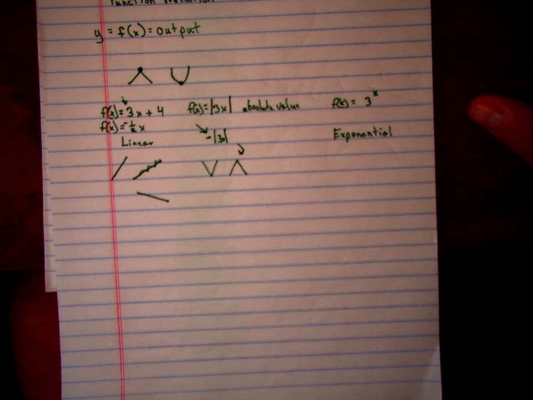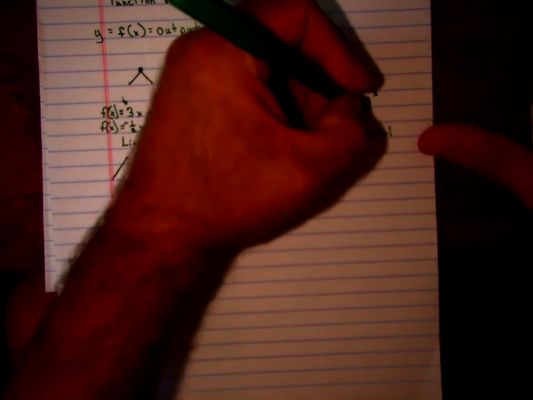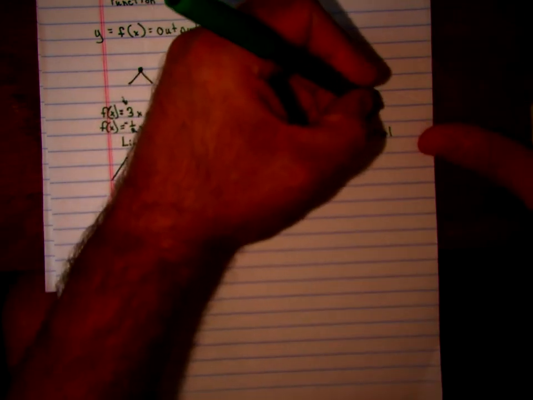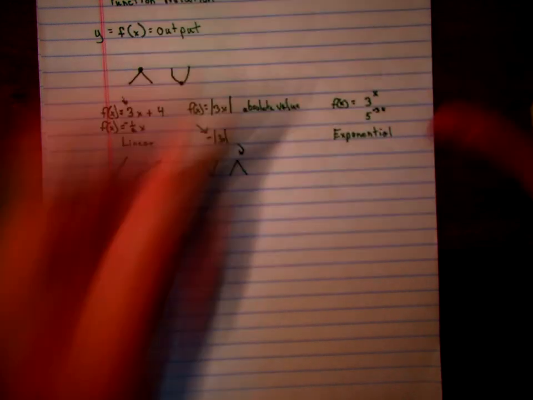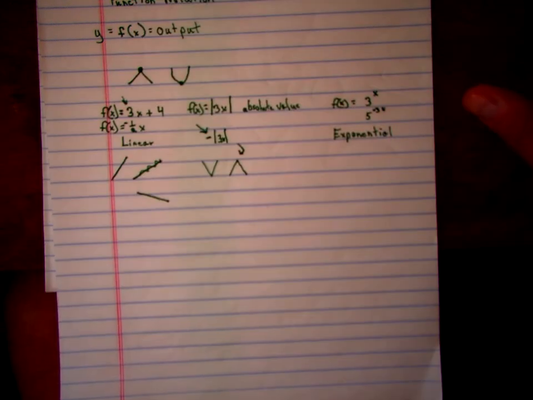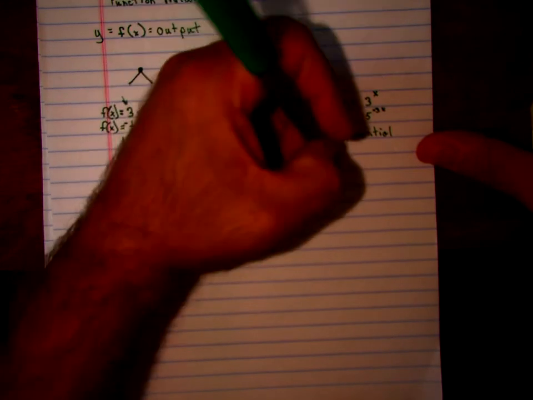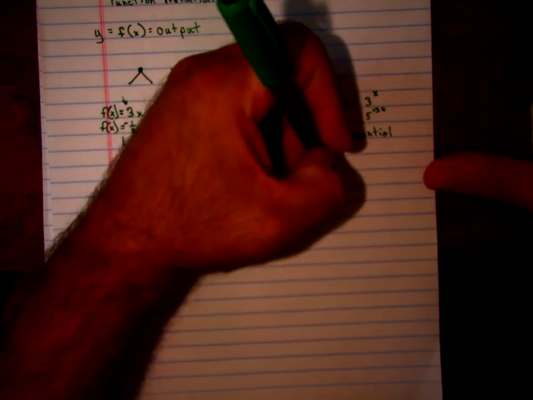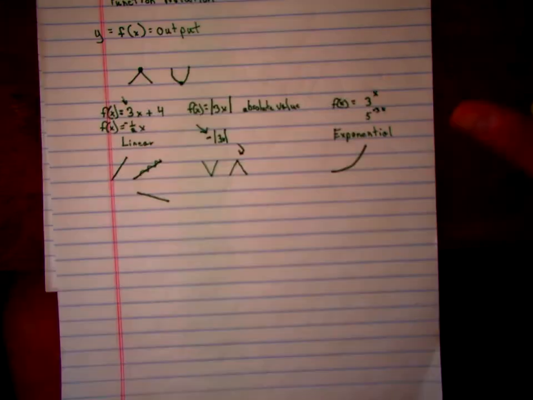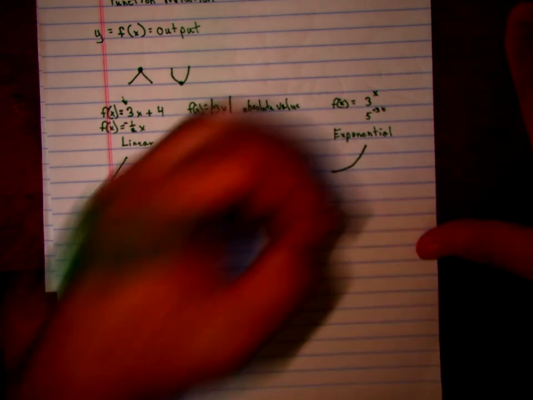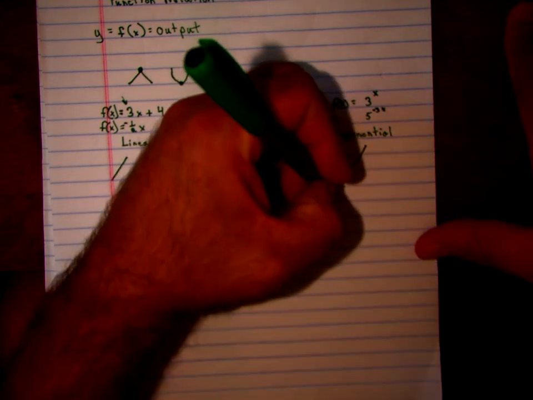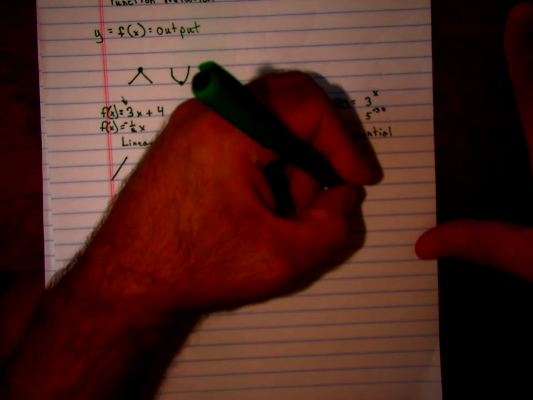And again, the sign in front of it tells me whether it is increasing or decreasing. So exponential, for the first one, that 3 to the x, would look something like this. The 5 to the negative 3x would look something like this.